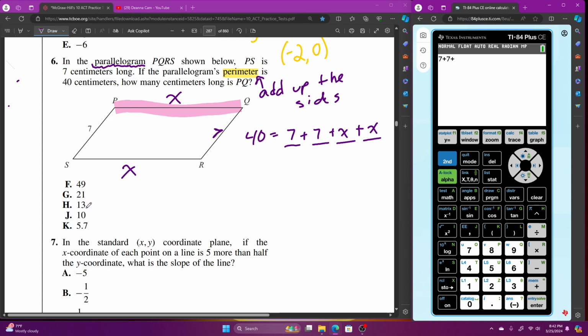I'm going to come down here to H: plus 13 plus 13, if X and X are both 13, right? And press enter right there. Bada bing, bada boom. It adds up to 40. I know that my X's, line segment PQ, has to be equal to 13 on the answer.